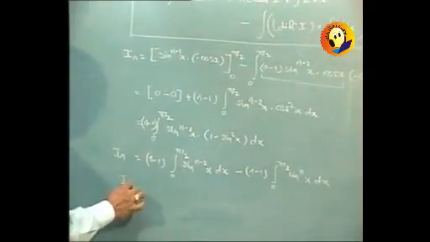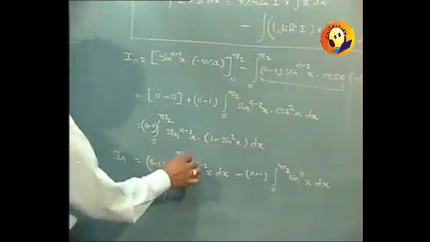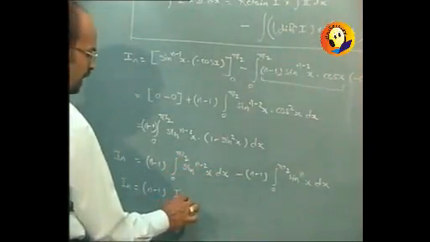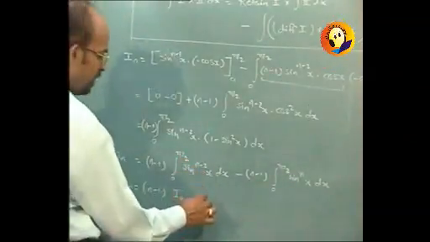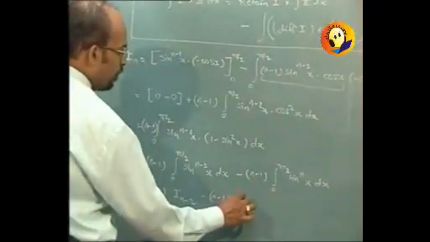as In is equal to n minus 1 times integral 0 to pi by 2 sin raised to n minus 2 x dx, which will be I(n-2), and the second term will be minus n minus 1 times In.